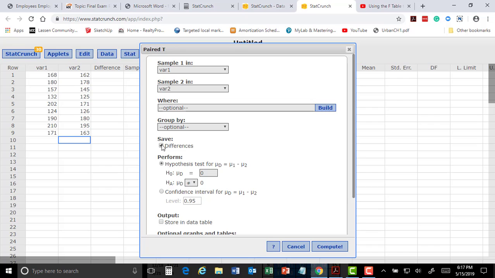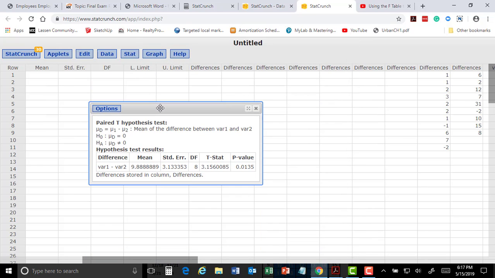What was the confidence interval? It doesn't assume that you want to test the variance. That's okay. I just wanted to set this. I didn't know if they had one.